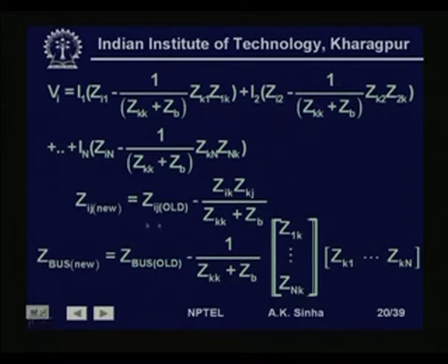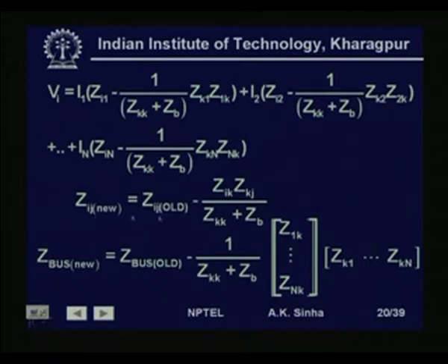This will be the new value that we are going to get for any element ij. Say for in, if we are writing, then we will have Zin, the old value which is there, minus Znk into Zkn, and the same thing here, divided by Zkk plus Zb.